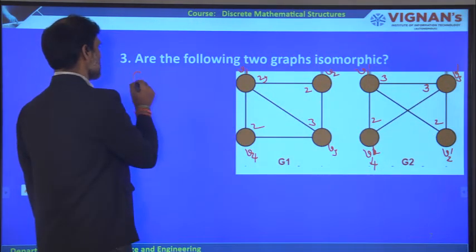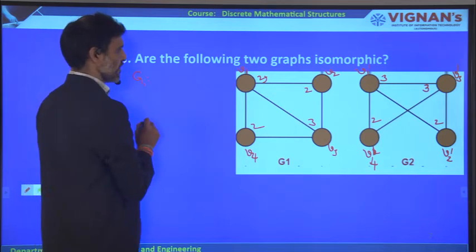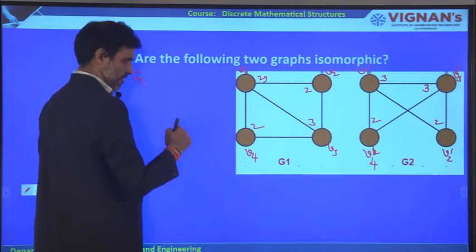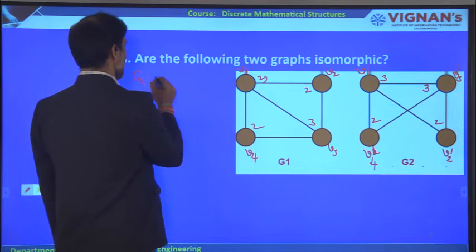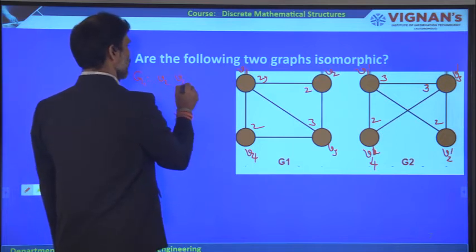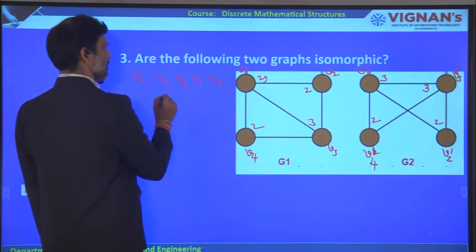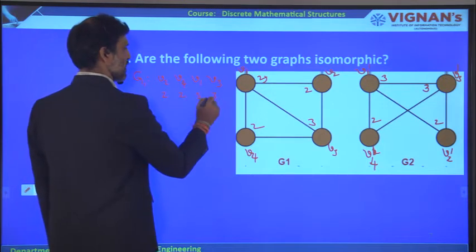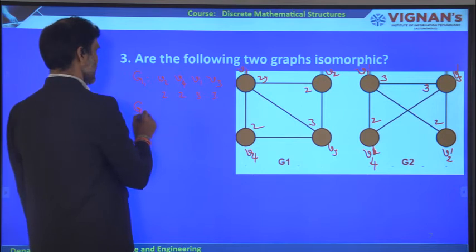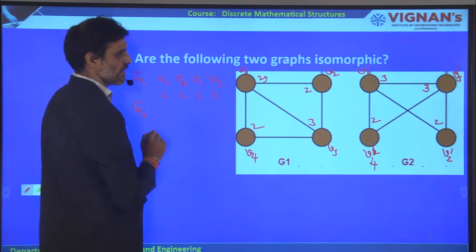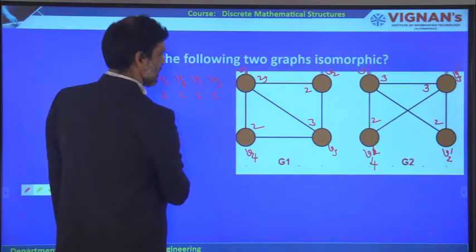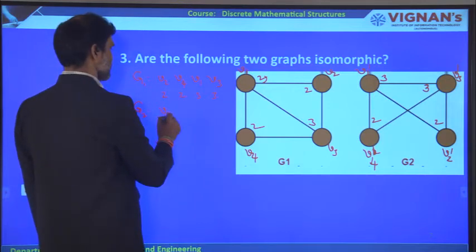So for the first graph, if you take the sequence in increasing order, you can take V2, V4, and then V1, V3. So you have to take 2, 2, 3, 3. Similarly for the second graph, what will we get? The degree sequence. Here it is V4 dash.